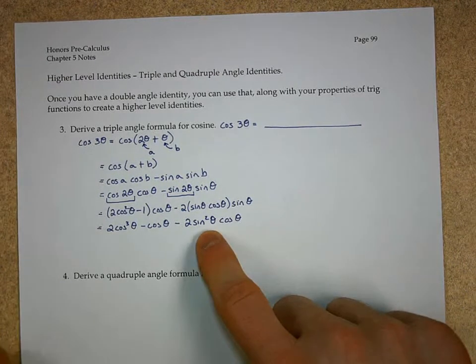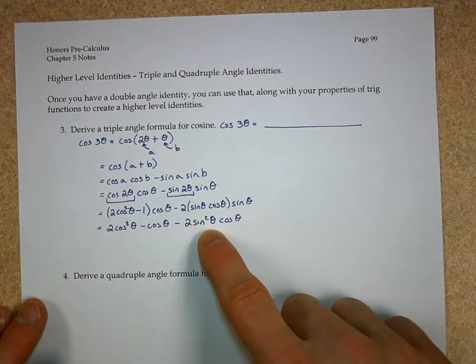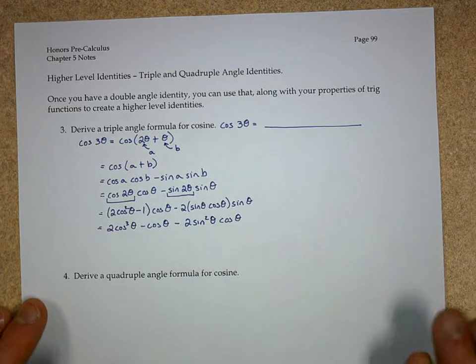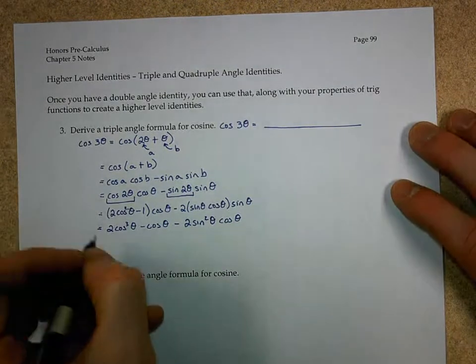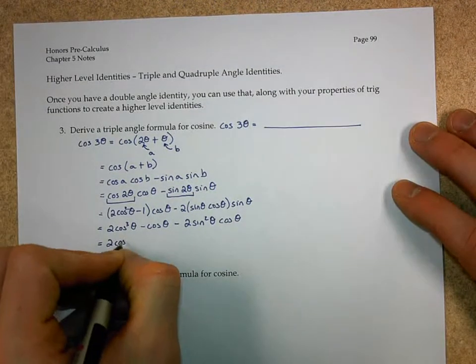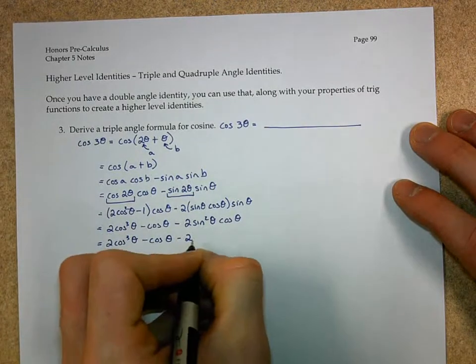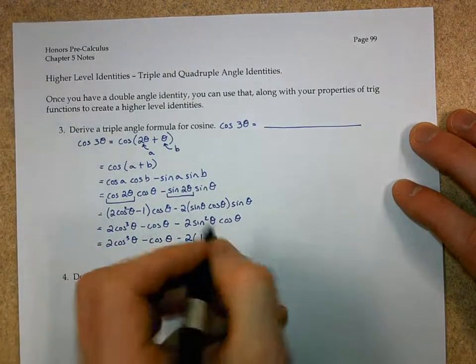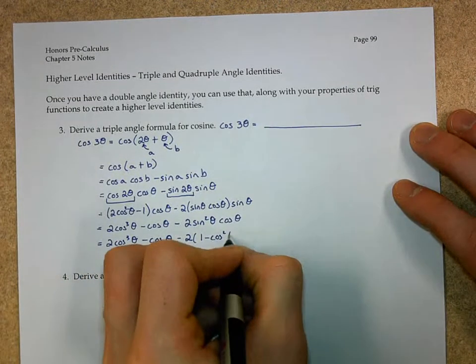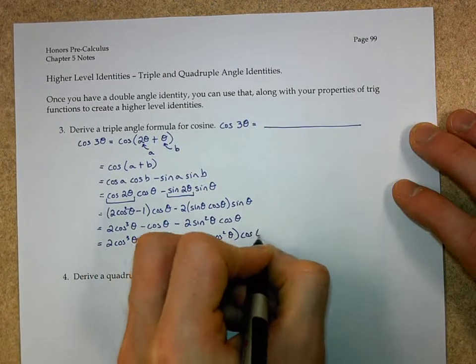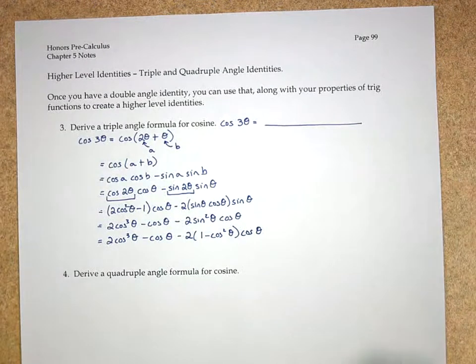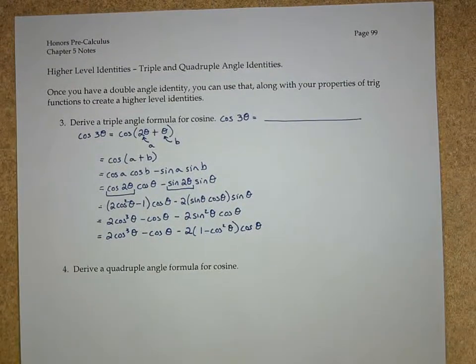And now we know what sine squared theta is in terms of cosine squared theta from what we learned in the previous chapter. We know that sine squared theta is the same thing as 1 minus cosine squared theta. Now I've got everything in terms of cosines.